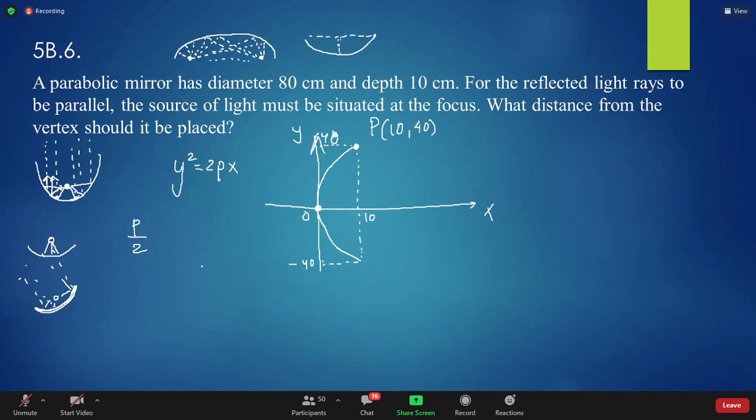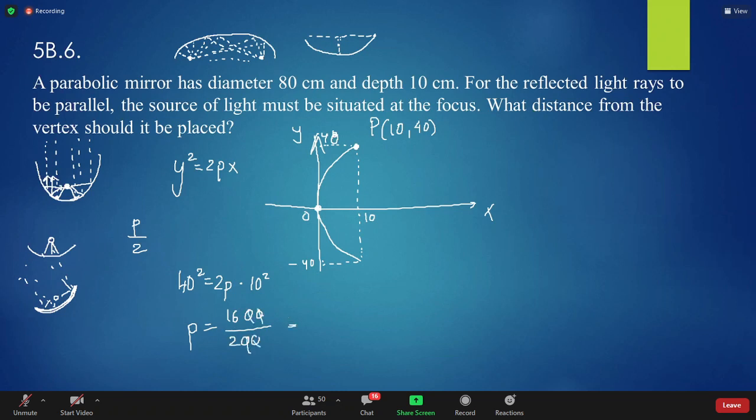So we see y squared, that would be 40 squared, equals 2p times x, that's 10. So this means that we have p equal to 1,600 divided by 200, and that is actually 8.